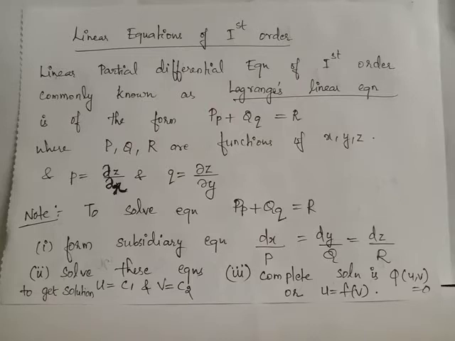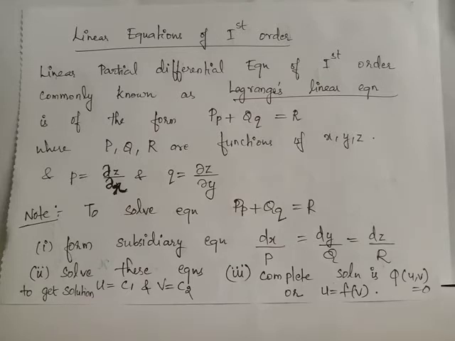We compare any two of these ratios, either first two ratios or last two ratios or the first and third ratios accordingly, and we find out the solutions. These solutions, if we represent as u equals c1 and v equals c2, that is, solving any two of the given ratios, when we arrive at solution, if we call the solutions as u equals c1 and v equals c2, we can write the complete solution in the format phi of uv equals 0 or u equals function of v.